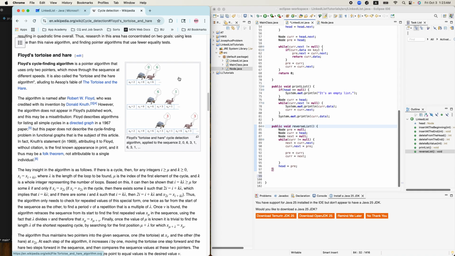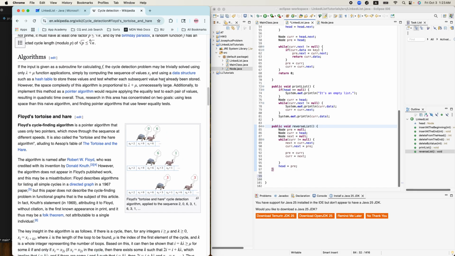We have a node that points to null, and that means there is no cycle. But if they meet one another at some point in this process, that means there should be a cycle. Otherwise, they would not have met one another.